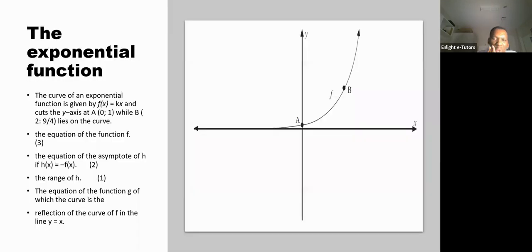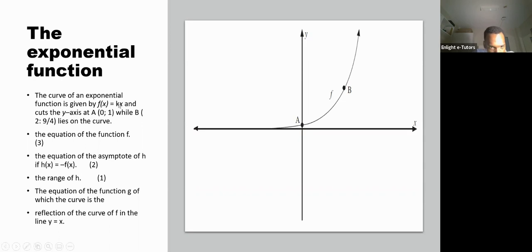And then, we're going to the exponential now. Okay, the exponential. They gave you this point and that point. You were told that the curve of the exponential function is given by f(x) equals k to the power x. I think the x is an exponent.